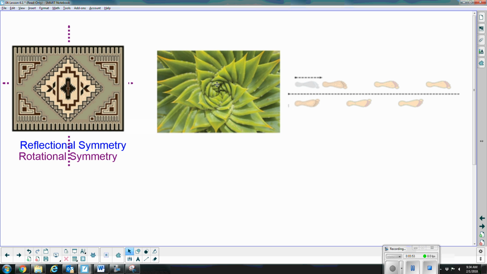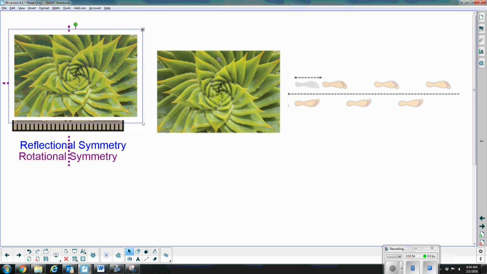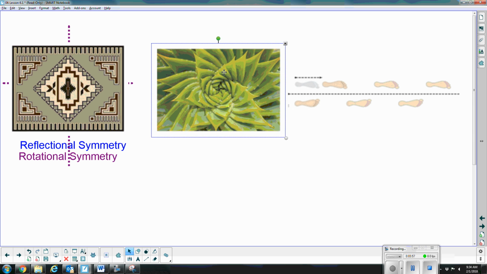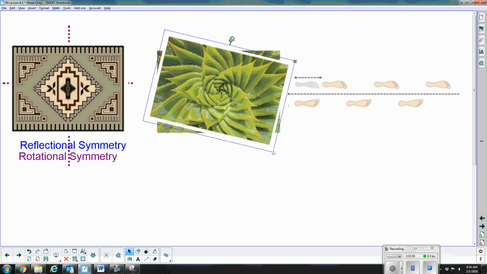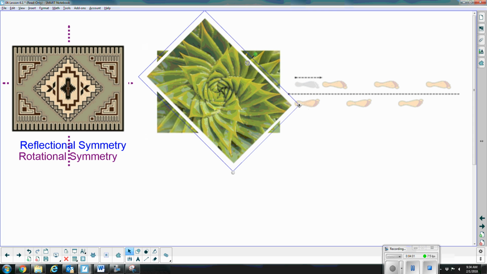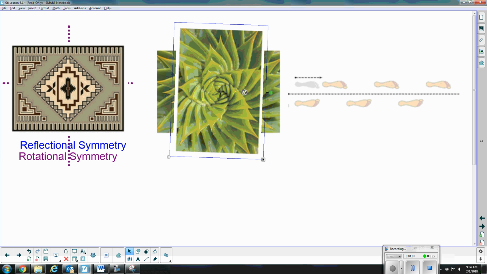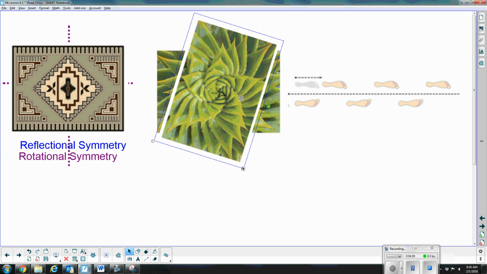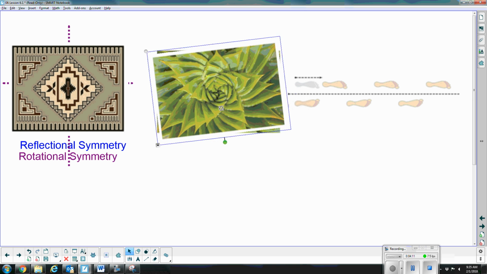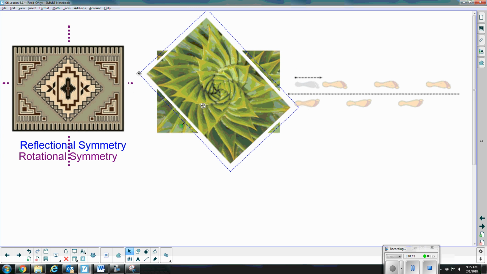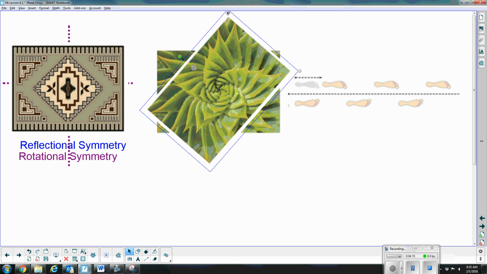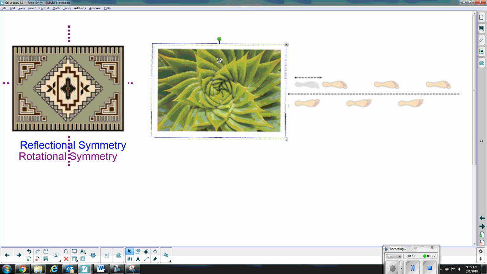What about this next image? Is this the same? This is a little different because it's a rectangle, but here the image is the same, and as I'm rotating it here, it's the same. So this second image also has rotational symmetry.